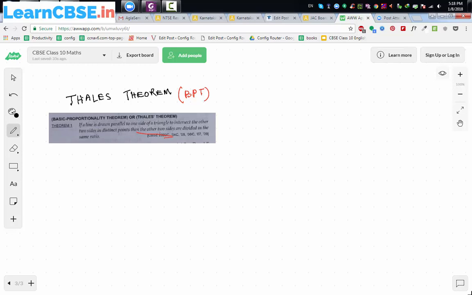Say there is a triangle ABC. In this triangle, it is given that a line drawn parallel to one of the sides of the triangle intersects the other two sides at distinct points. So I need to draw a line parallel to one side of the triangle which will intersect the other two sides at two distinct points.